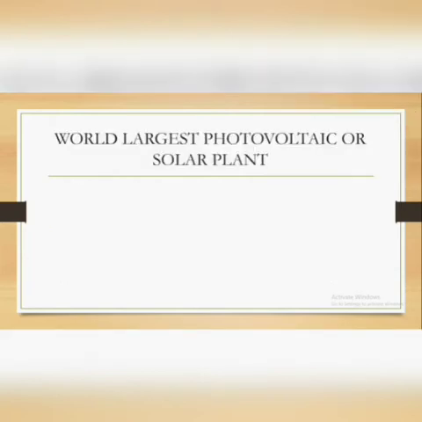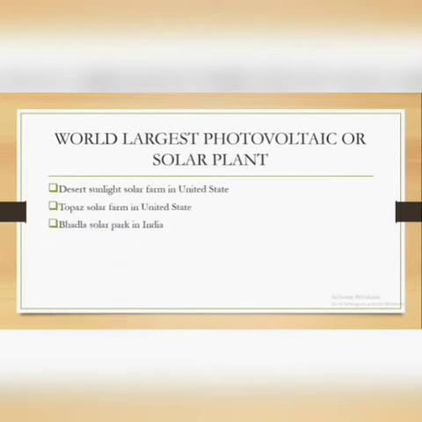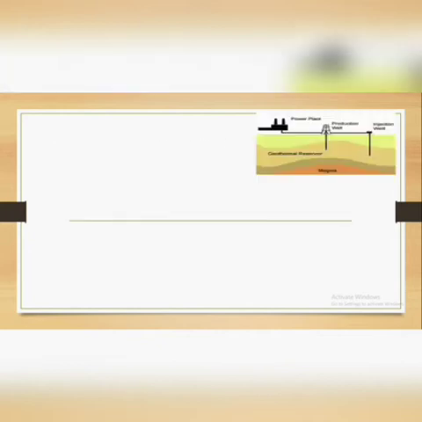The world's largest photovoltaic or solar plants: we have the Desert Sunlight Solar Farm in the United States, the Topaz Solar Farm in the United States, the Adani Solar Park in India, and the Tengger Desert Solar Park in China.